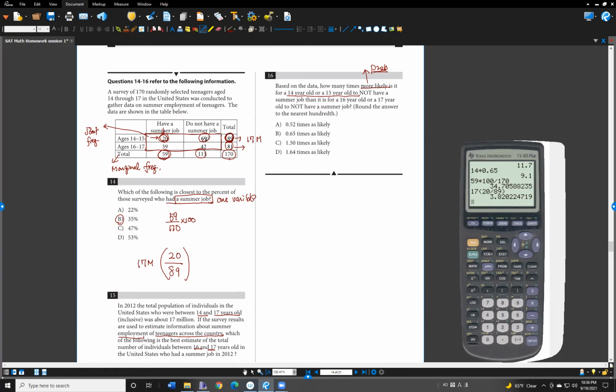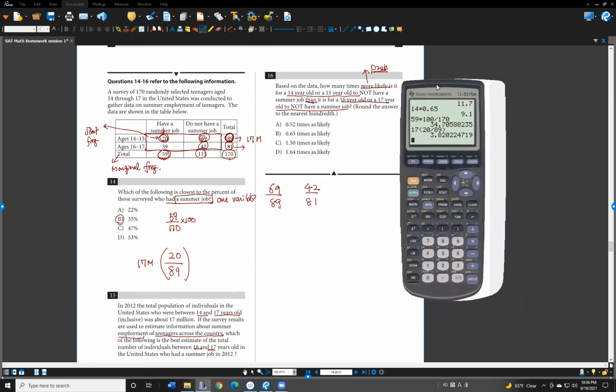Out of 89, 69 out of 89 do not have a summer job. That is the first one. Okay, but this is what? Then for 67 years old, not have a summer job is 42 out of 81 not have a summer job. Okay, so we're gonna find them.